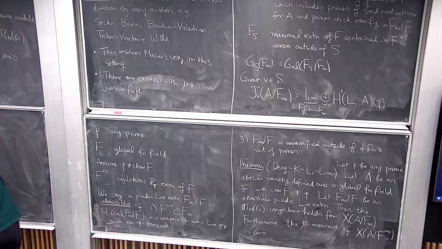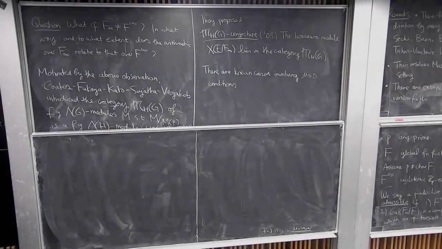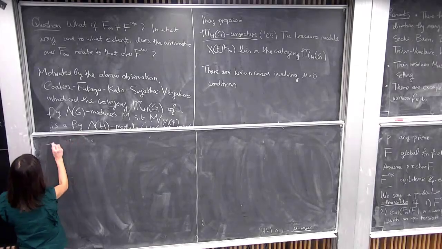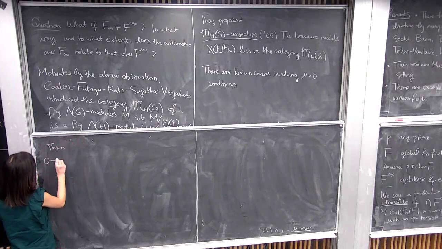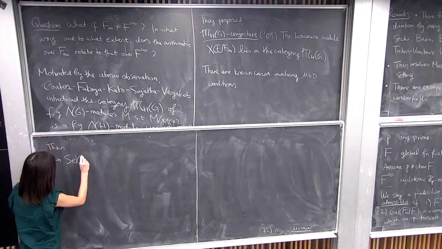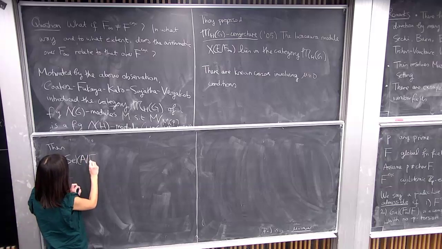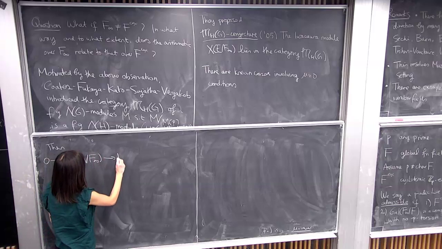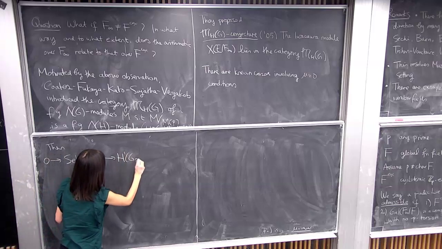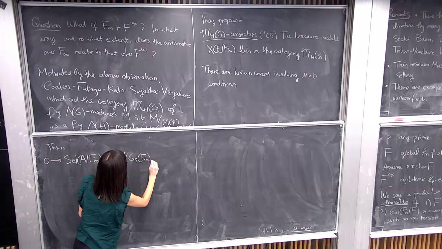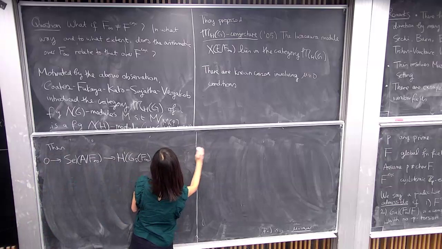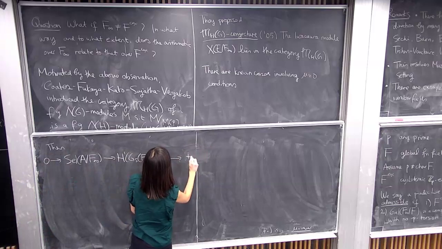So the Selmer group can be defined, it fits into this, it's the kernel of this localization map going from H^1(G_S(F infinity), A[p infinity]) to this product of the J_v's.